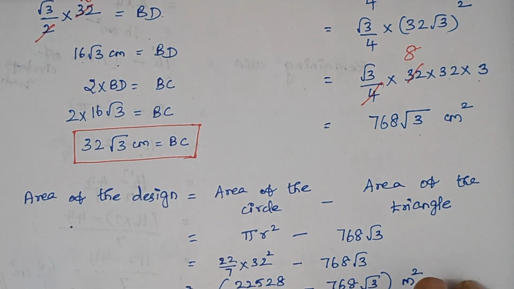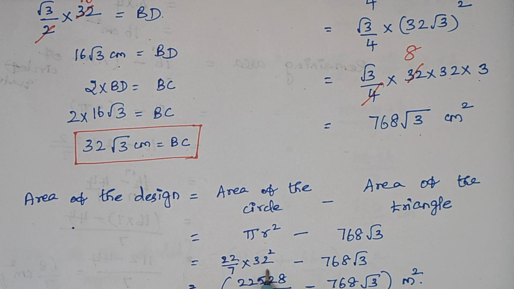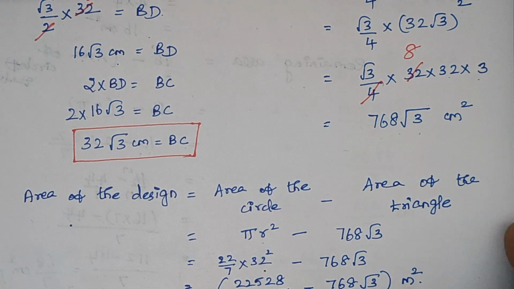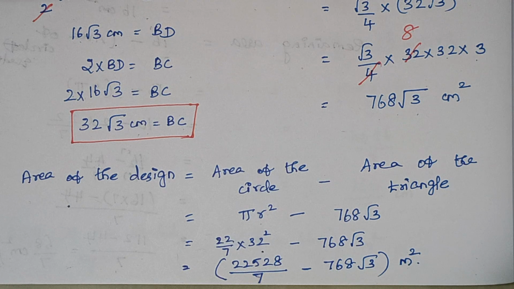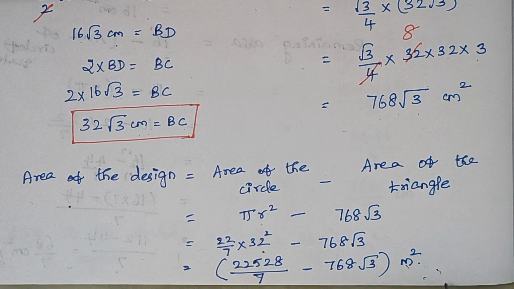It is 22 by 7, and the value of r is 32, because the radius of the circular table is given. Just substitute the values and solve, and finally we end up with 22528 by 7 minus 768 root 3 centimeter square, because since this is area, the unit should be square. Right, this problem is over.